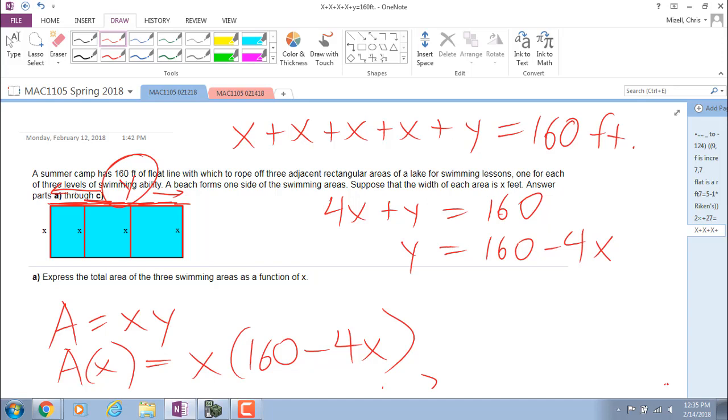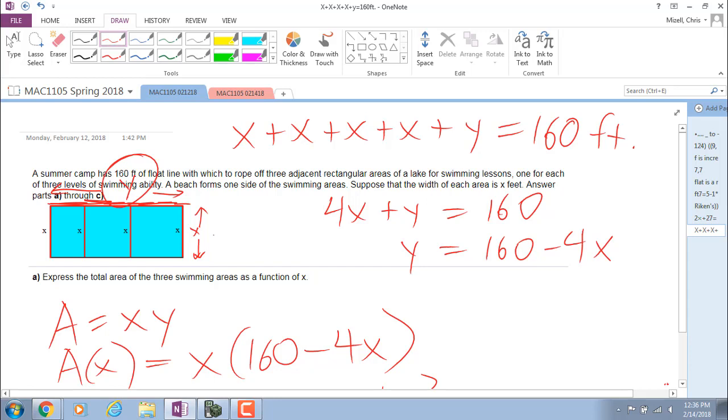That's the other dimension. So we did this last time and came up with the area, of course, is length times width, so it's x times y. The area then will be this dimension, x, multiplied by 160 minus 4x.